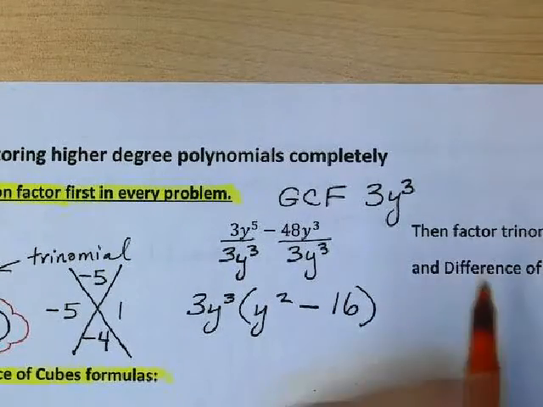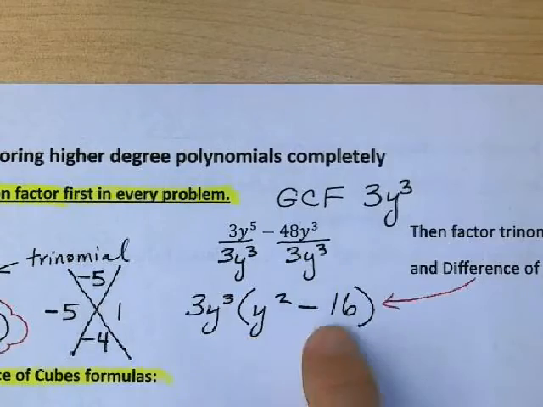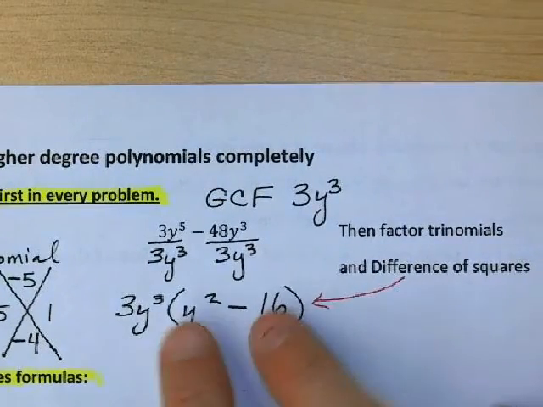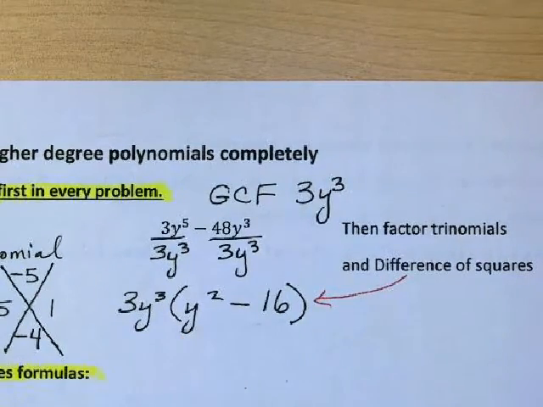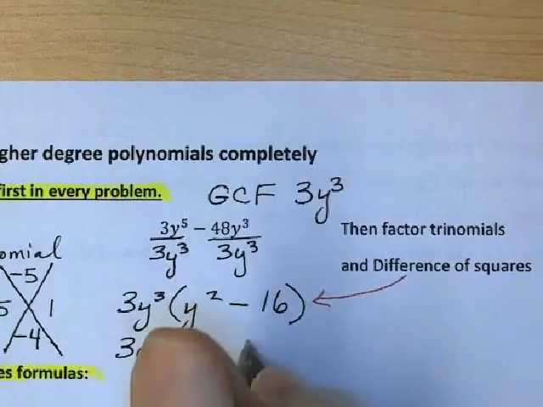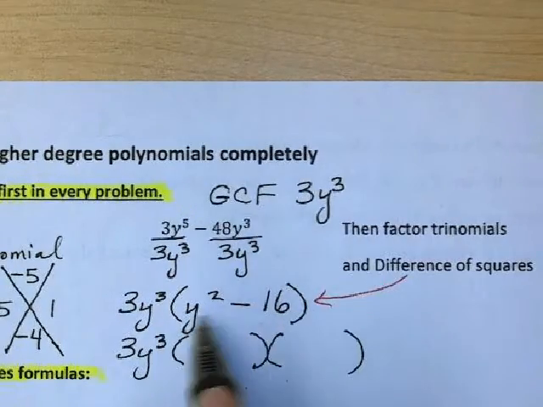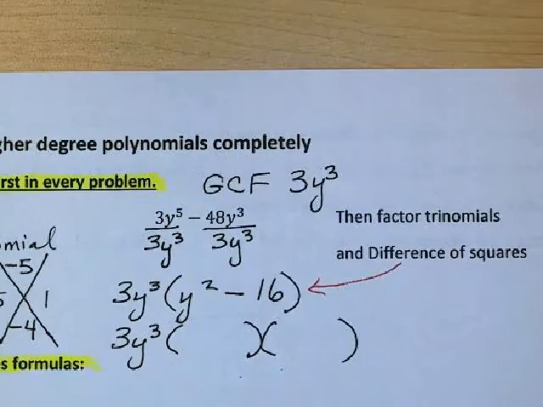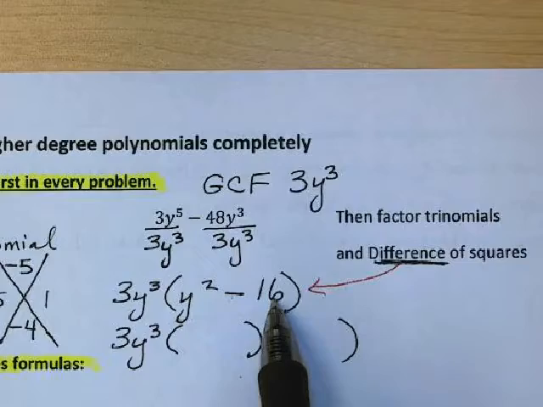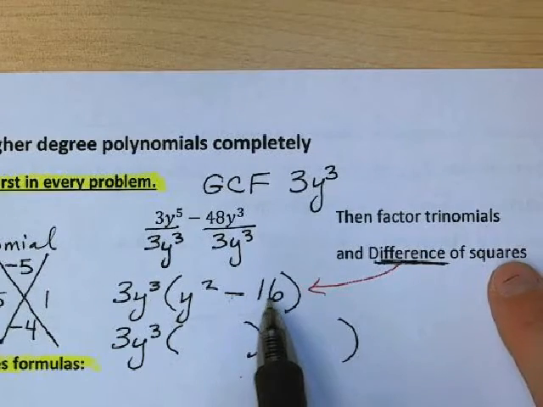So what I was going to say now is that if you look at this, it's a difference of squares. So it can factor even a little bit more. So we took out the 3y to the third, we got that part. But the y squared minus 16 is a difference of squares. The word difference means subtract. So it's a subtraction, and squares means perfect square numbers.